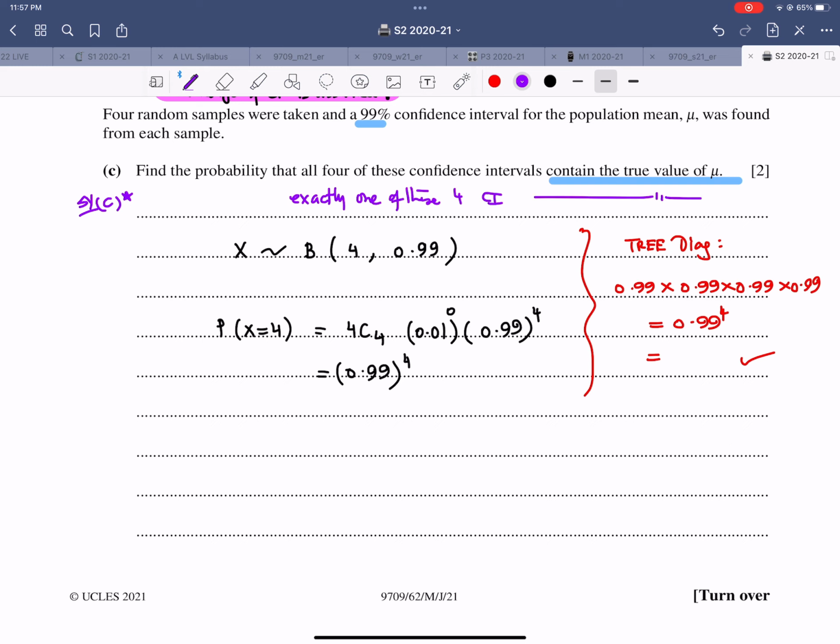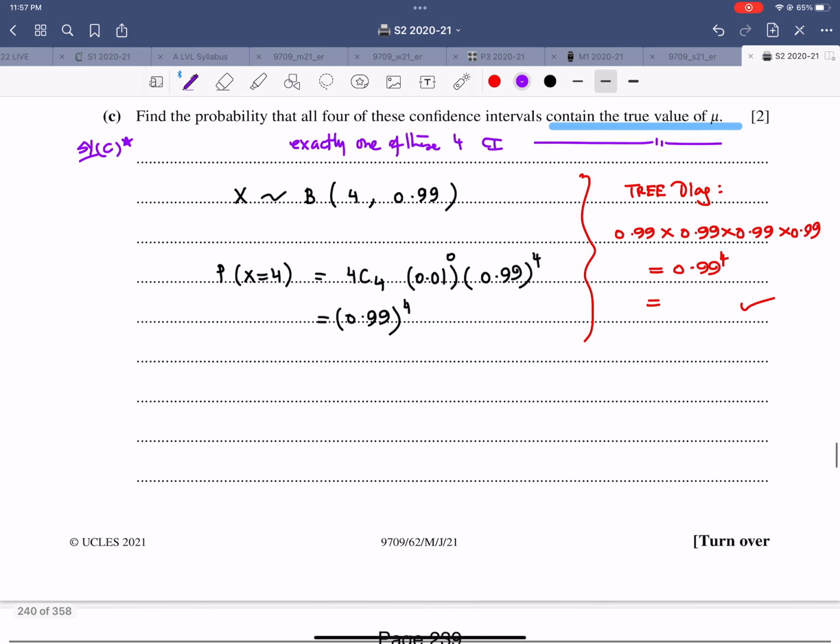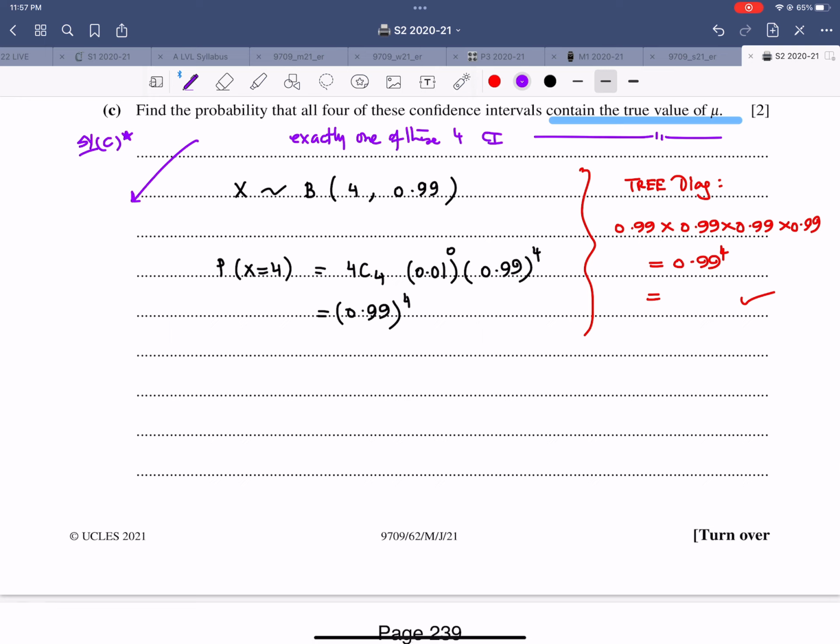You would say x follows a binomial distribution 4 comma 0.99, and now you have to use binomial 4C1 and success raised to power of 1 and failure raised to power of 3, and then this is 4 into 0.01 cube into 0.99, and that would be the answer. So that is why this knowledge is a must.